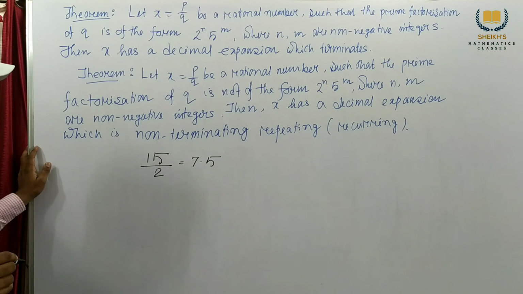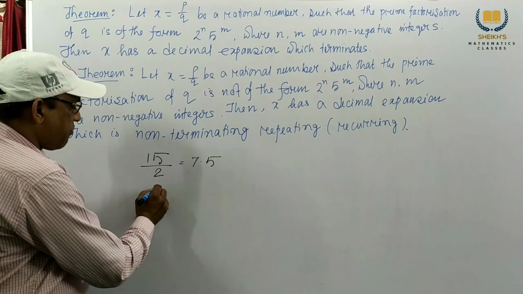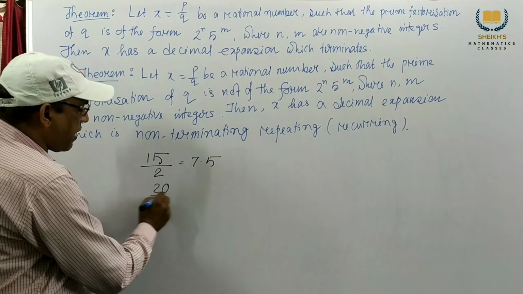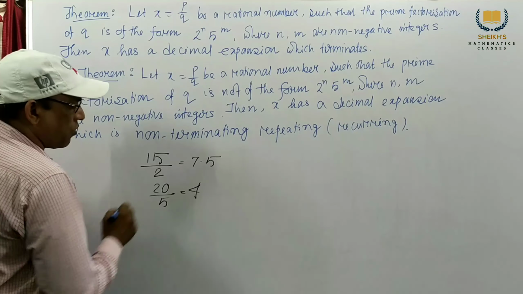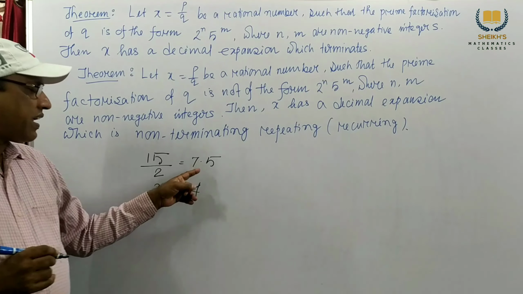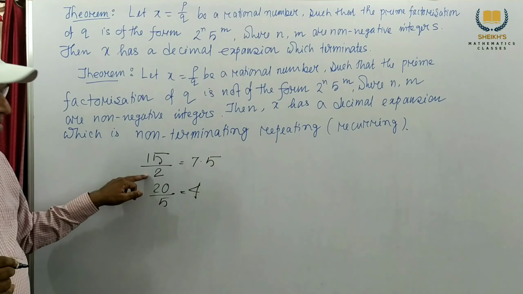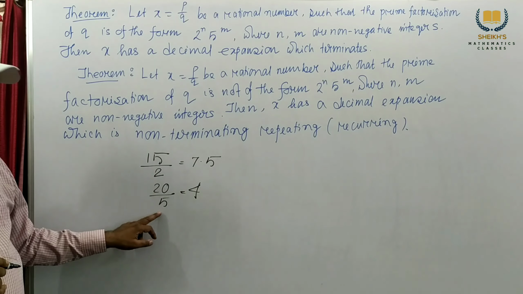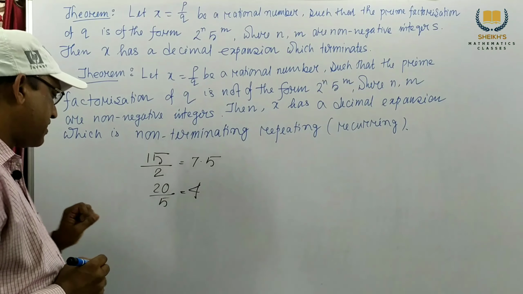Suppose we get 20 by 5, then obviously this is 4. So we get an ending digit, because here the denominator is 2 and here the denominator is 5, so the number terminates.